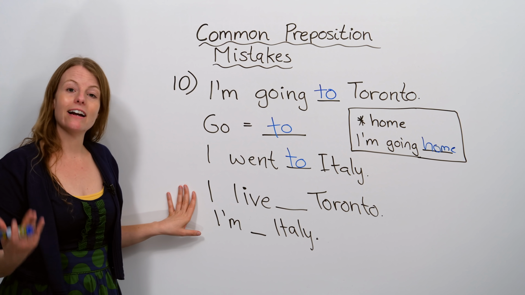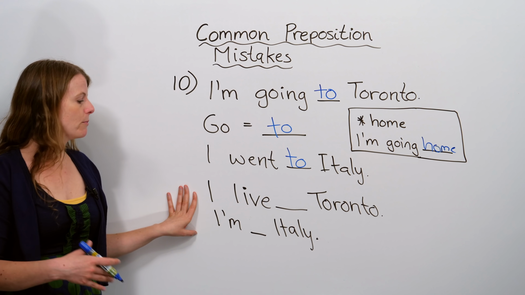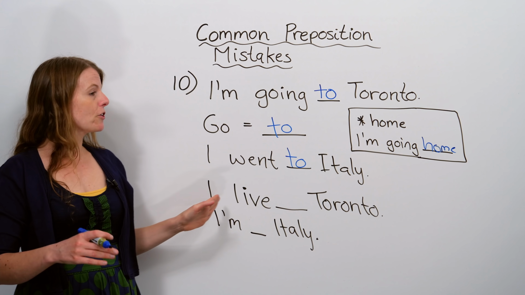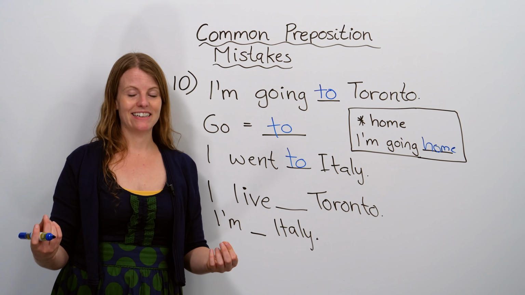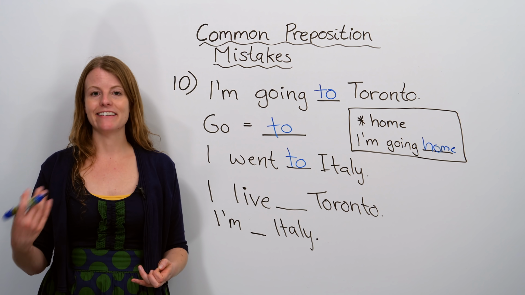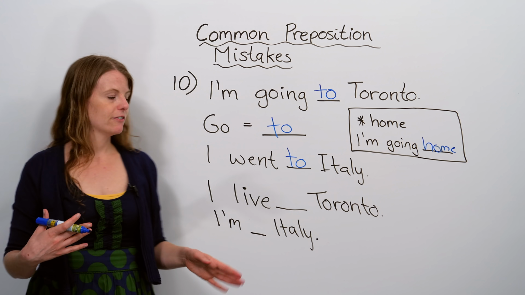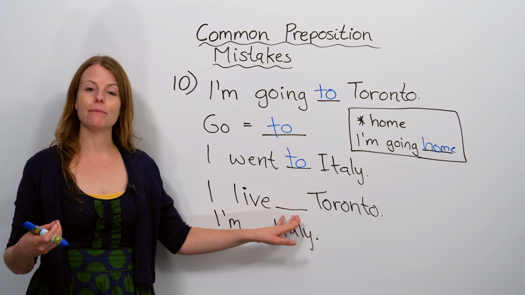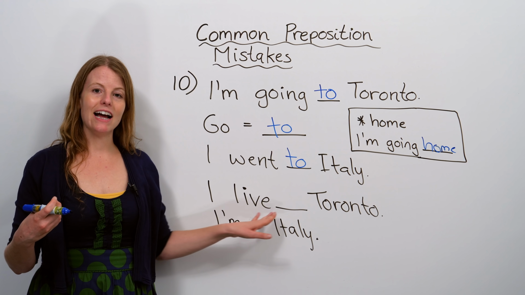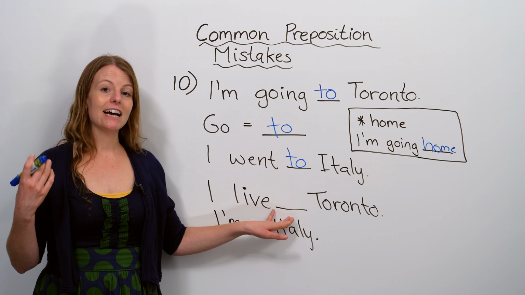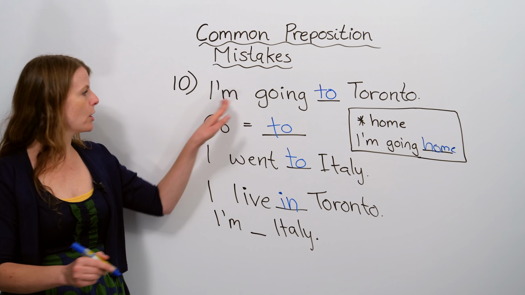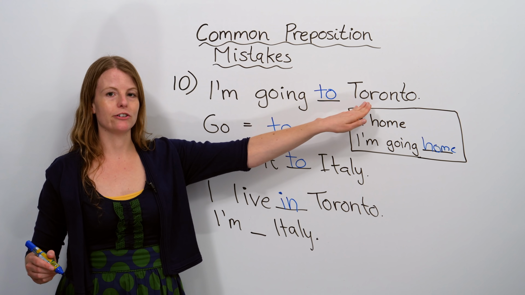Okay, so now let's look at another final example of when we're talking about places and prepositions. If we're talking about being in a place, like a city or a country. For example, I have here the verb live. What preposition comes after this? I live in Toronto. So I'm going to Toronto.